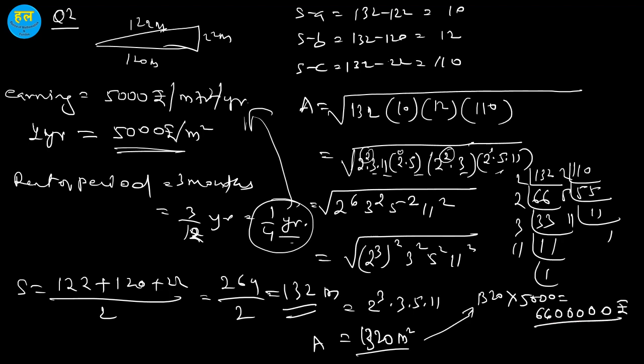This is for 1 year. So for 3 months it will be 66 lakhs divided by 4. It is 16 lakh 50,000 rupees. This is our answer.